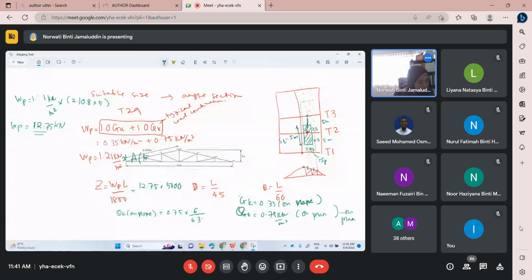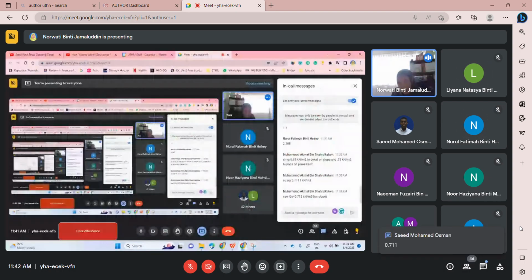Berapa? 0.71. Sama ke? 0.71 kilonewton per meter square. This one slope. Betul tak? Agree? Betul Doktor. Okay, thank you Akmal.